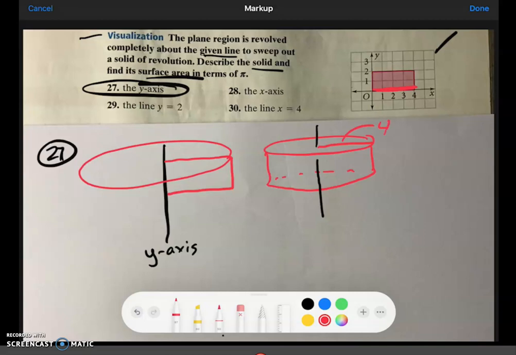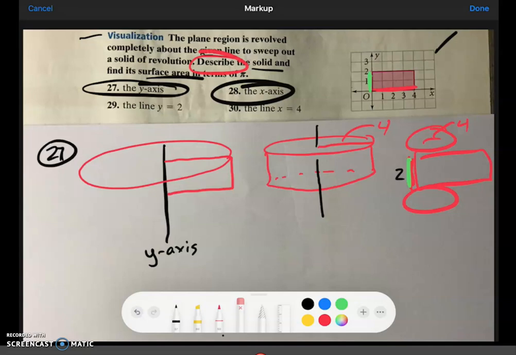And so we have a cylinder when we're asked to describe it, and you are going to figure out the surface area. A cylinder is basically 2 circles and a rectangle with radius of 4. And the height is right here, and this green is right here. So that looks like it's 2 spaces. So you're going to use the number 2 there. For number 28, you'd rotate that same figure around the x-axis.